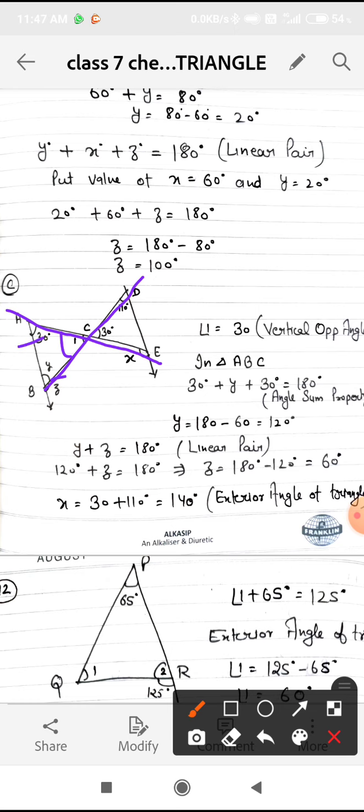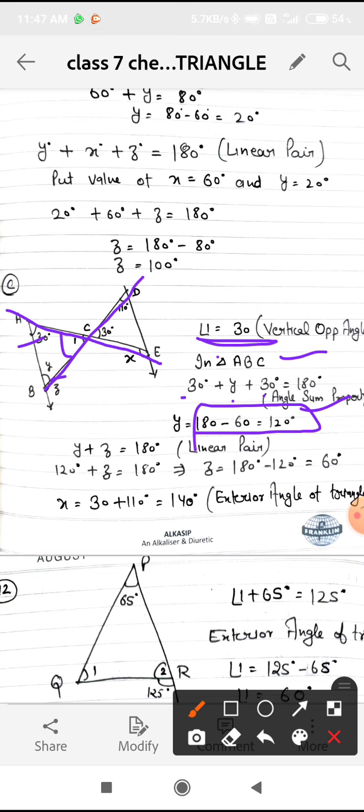Please mention this also. Then in triangle ABC, 30 plus y plus 30 is equal to 180 degrees. 30 plus 30 is 60. When you move to the right hand side, 180 minus 60, you get 120 degrees. So y is 120 degrees.